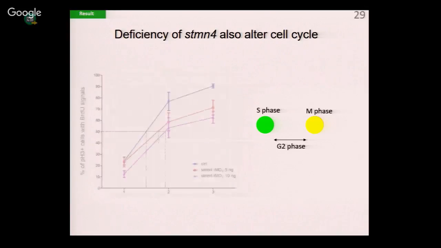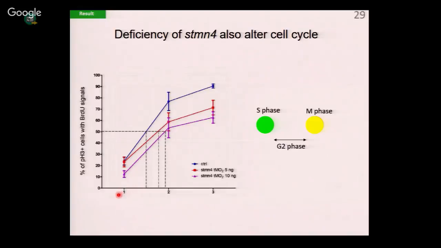The horizontal axis represents the time after BrdU incubation, and the vertical axis represents the percentage of cells which express both pH3 and BrdU. As we can clearly see in this graph, the blue line indicates control, the red line indicates STEM4 T-morpholino 2 with 5 nanogram, and the purple one indicates STEM4 T-morpholino 2 with 10 nanogram.